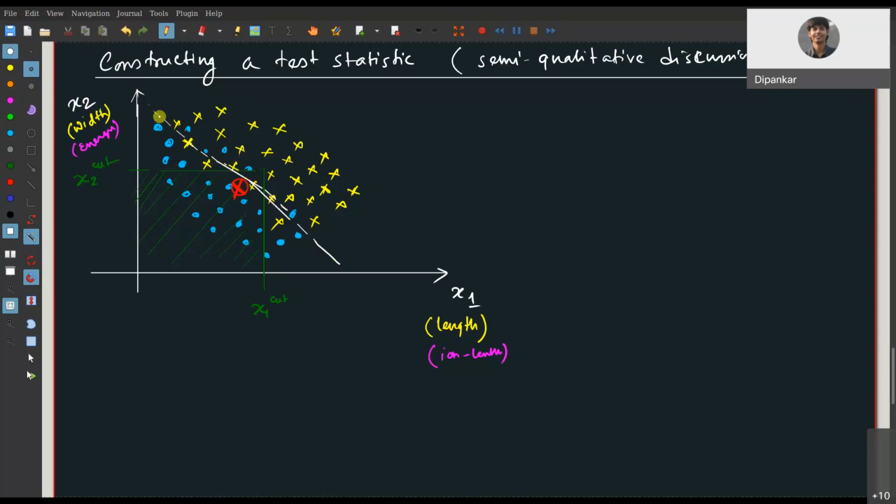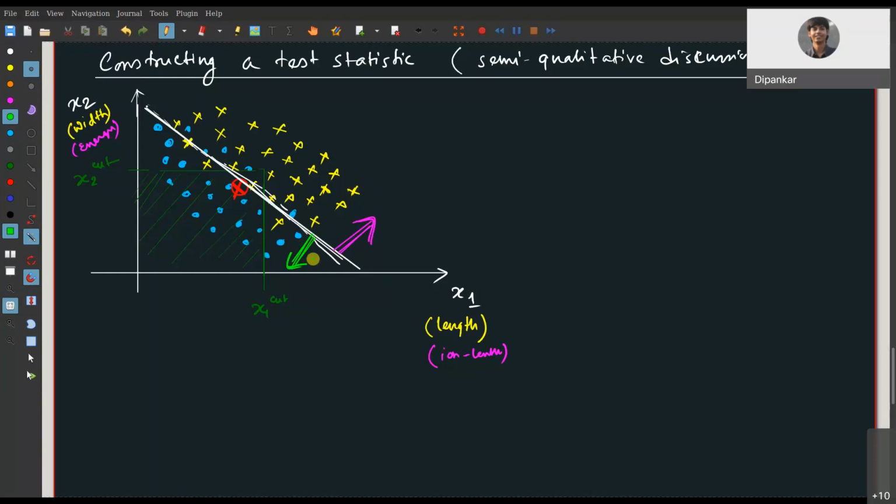For the beginning, I am considering a straight line. You now say that the points on this side of the straight line are mostly yellow, mostly Hilsa, and the points on this side are mostly blue points, that is, mostly Rohu.